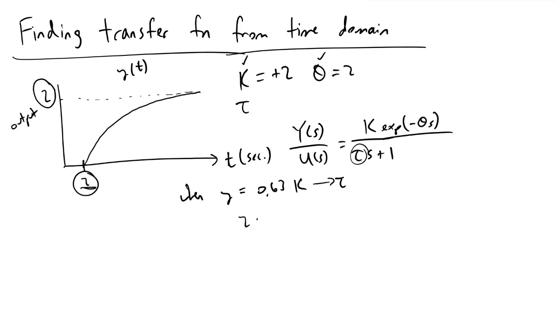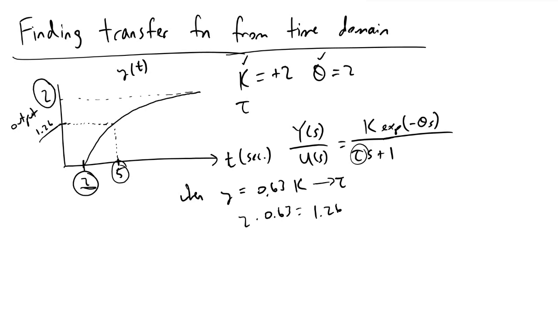So 2 times 0.63 is equal to 1.26. And if we eyeball this plot here, 1.26 is approximately here. And if we look down here, we would find that at 5 seconds, we are 63% of the way towards our new equilibrium value.